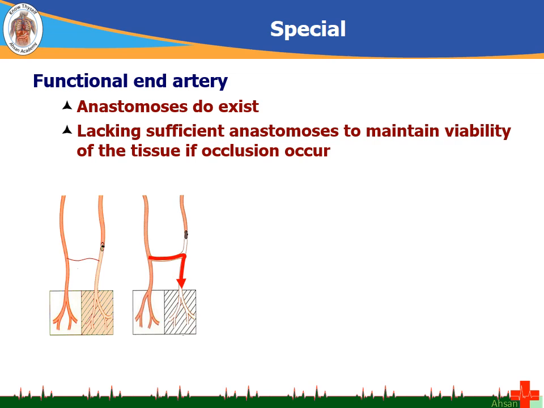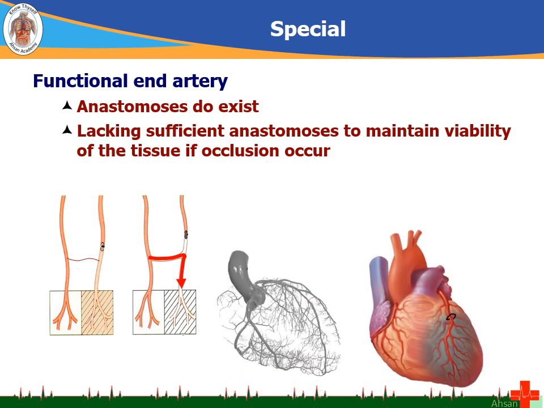That's why coronary circulation is called functional end artery. You see in this area, one artery is blocked, there is anastomosis between the anterior and posterior interventricular arteries in the inferior surface, but this anastomosis is not enough to maintain the demand. So if the anterior interventricular artery is blocked, the area will be necrosed, meaning die.